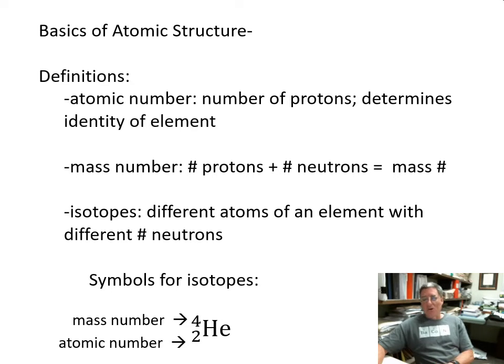Atomic number: you need to know the definition. It's the number of protons, and that determines what element you have. The mass number is the number of protons plus neutrons added up. The mass of each of those is about 1, and that's why it's called the mass number. And then isotopes. Isotopes are different atoms of the same element that have different numbers of neutrons, so they weigh differently.